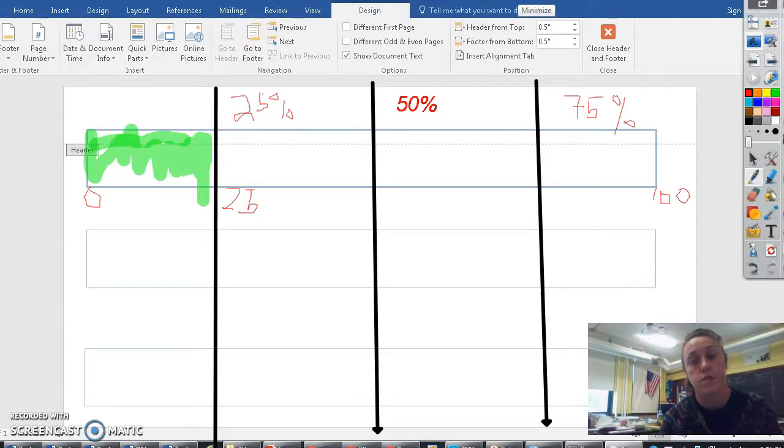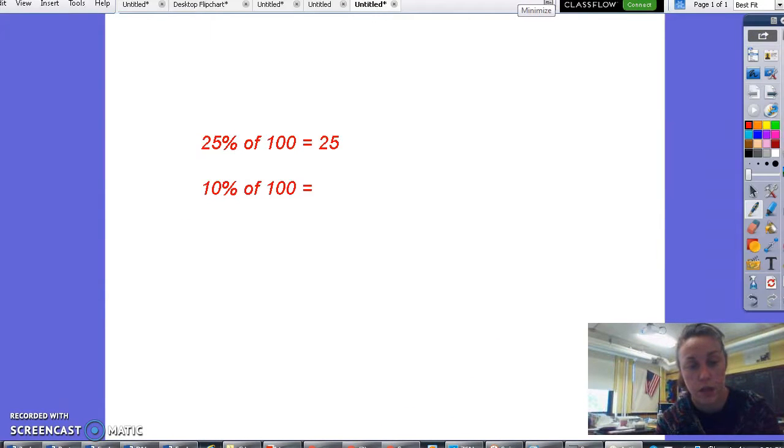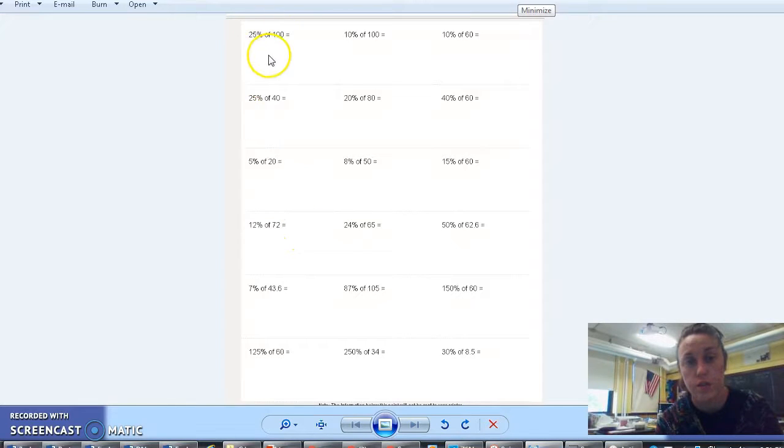So I'm going to click off this for just a second, and I'm going to go to my percentages sheet right here. So my answer on that would be 25. Now let's go to the next problem.